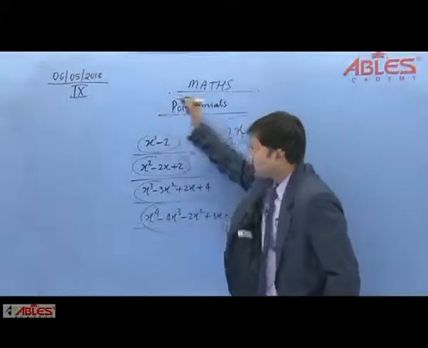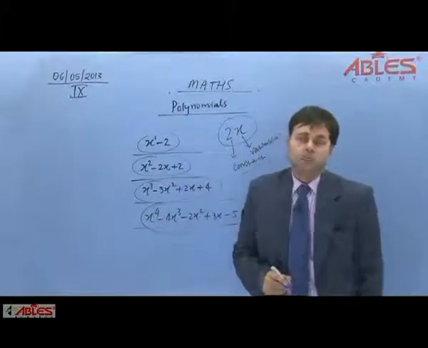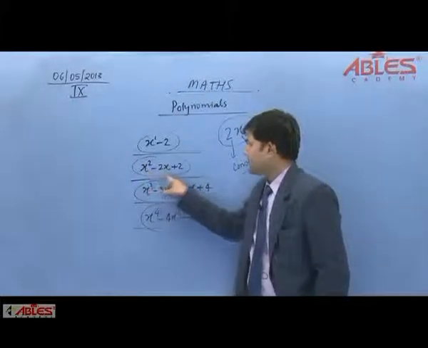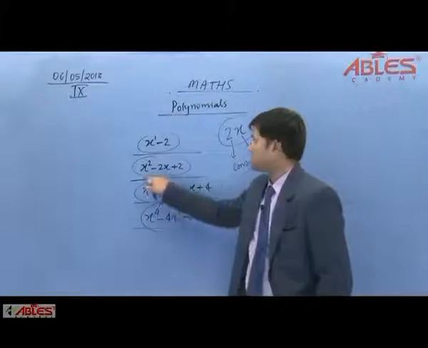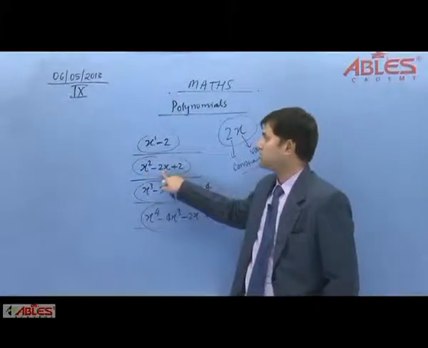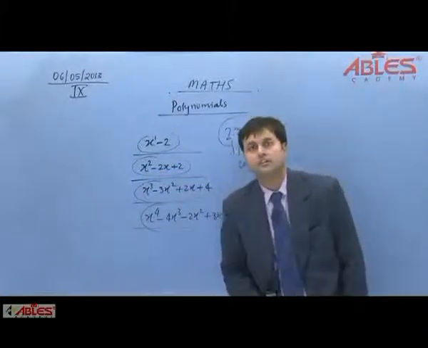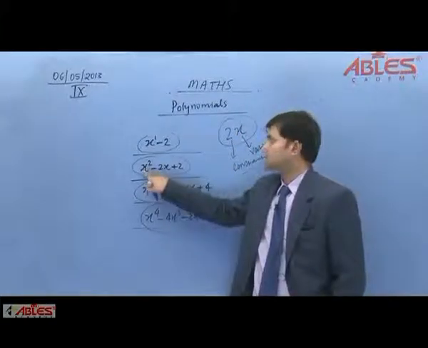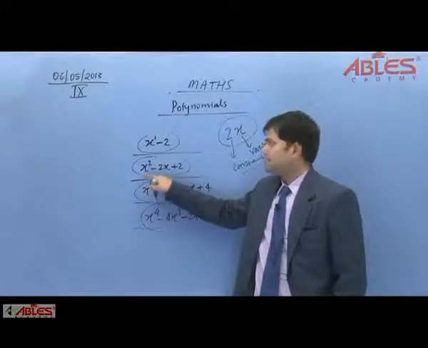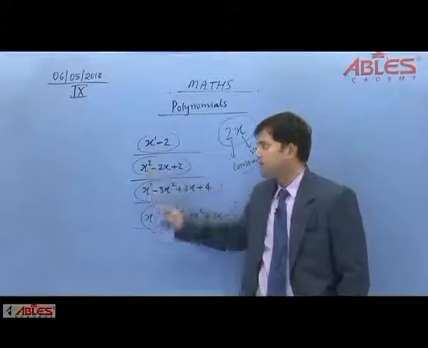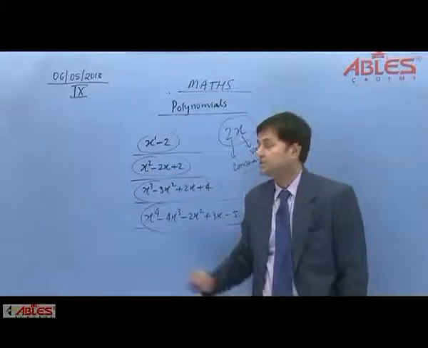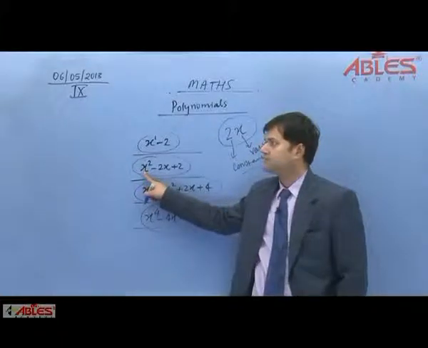Now the second one, x square minus 2x plus 2. We have three terms here: x square, minus 2x, and plus 2. The variable is x. What is the power of x in the first term?